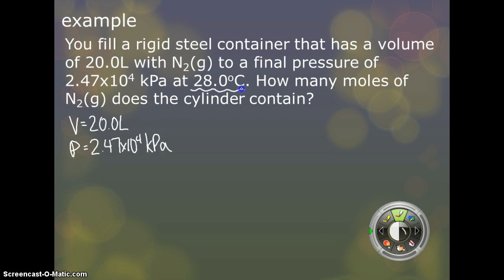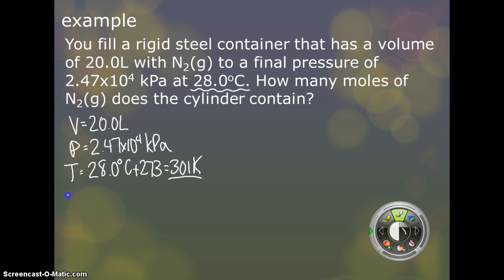Our temperature is 28 degrees Celsius, but we need it in Kelvin. To turn this into Kelvin, we add 273. So 28 plus 273 is 301 Kelvin. This is the value we use when solving our problem.